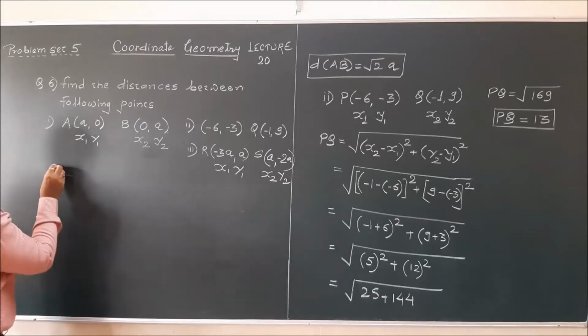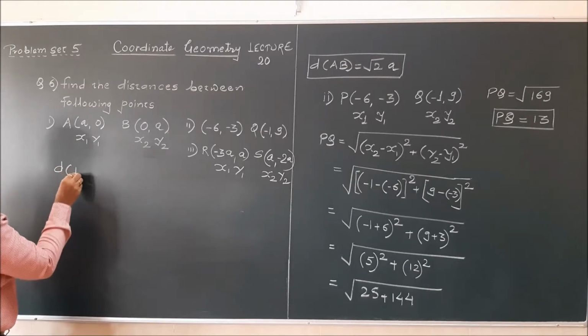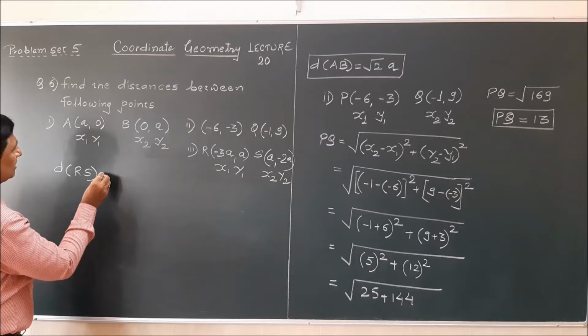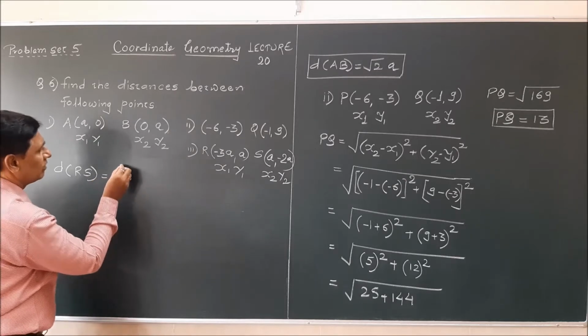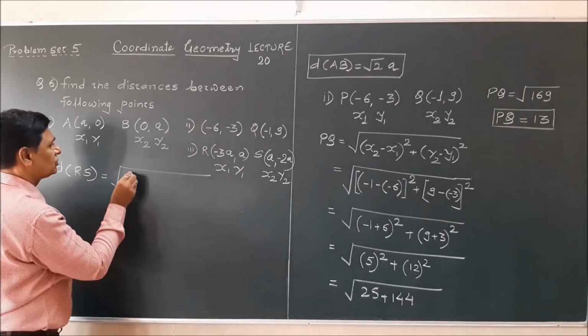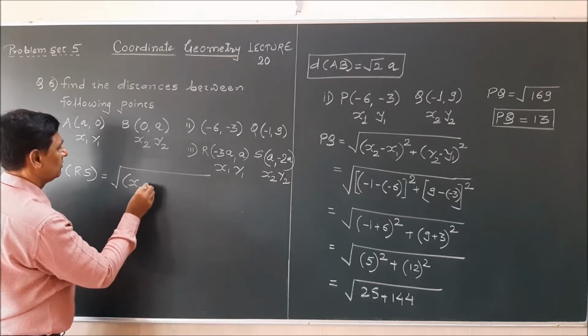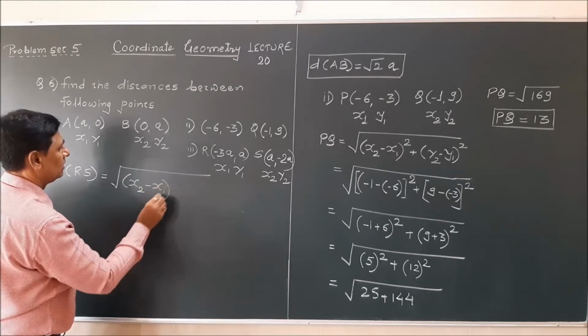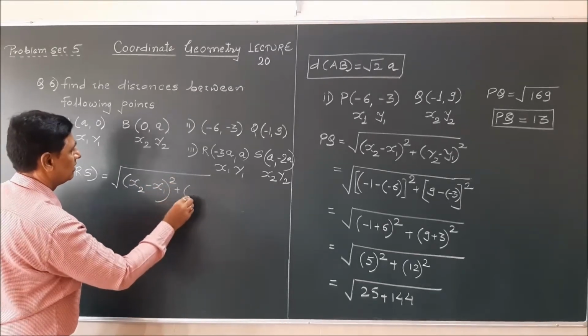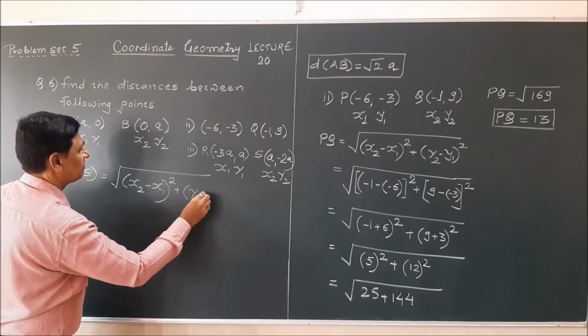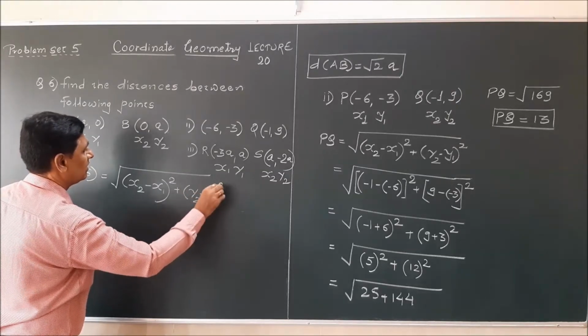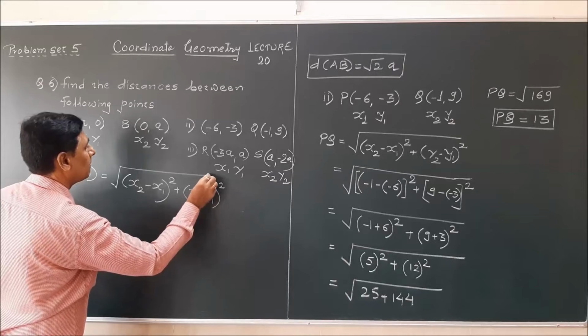Now distance RS is equal to root of (x2 minus x1) the whole square plus (y2 minus y1) the whole square.